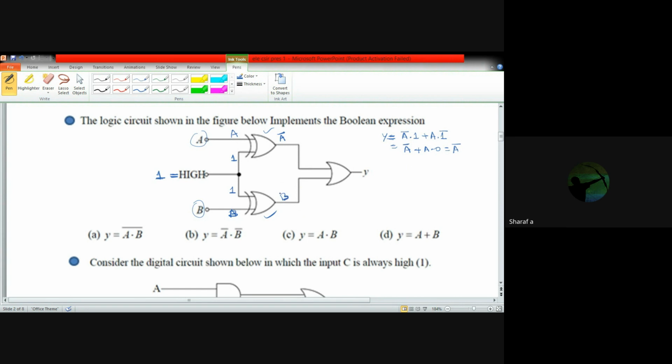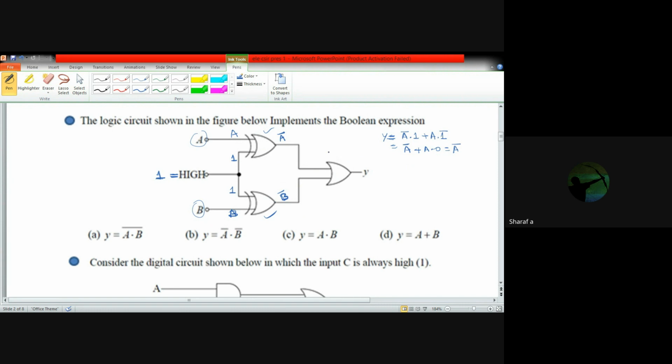So this is how you go with the circuit. You just write down in the circuit, then you can easily find out what is the output. So the output of this XOR gate is A bar, output of this XOR gate is B bar.